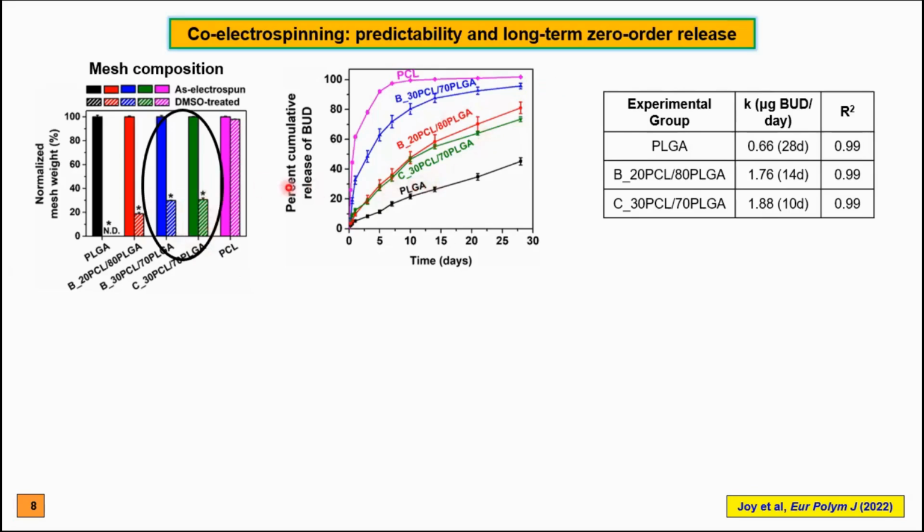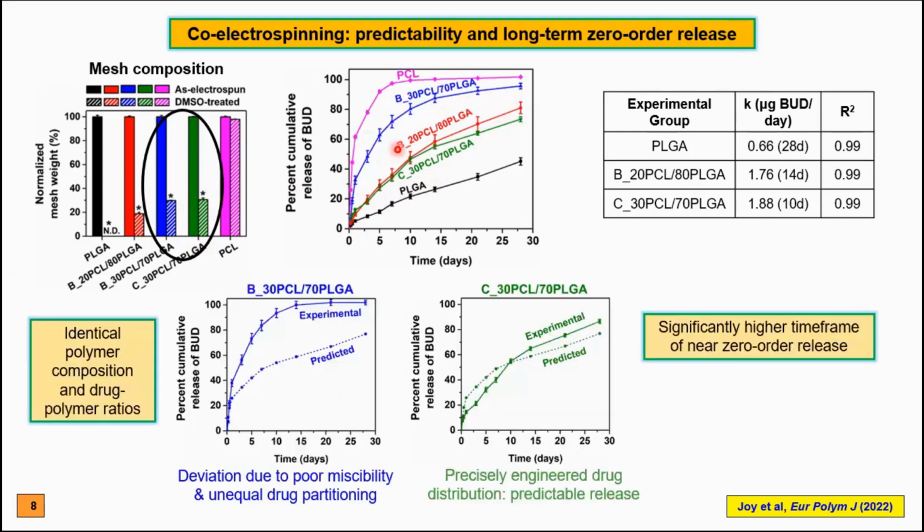But we show that because of co-electrospinning and the rationally guided distribution of the drug across the two sets of fibers, we go from this blue curve to this green curve, which cannot be achieved using blends alone. And because the drug is distributed exactly the way we wanted, the co-electrospun sample gives drug release that matches predicted release profiles, whereas the blends just diverge as time progresses, making it worse and worse.